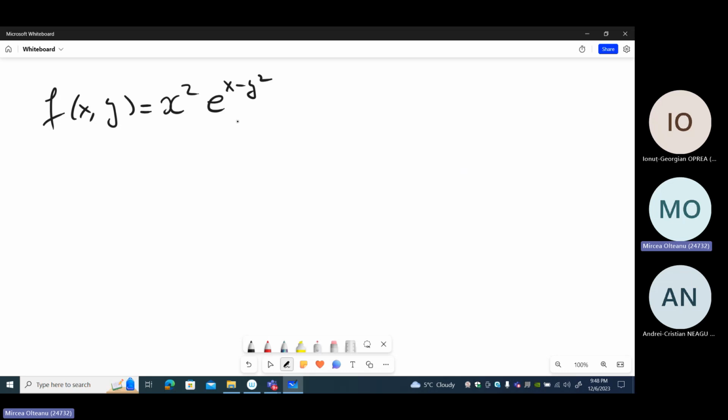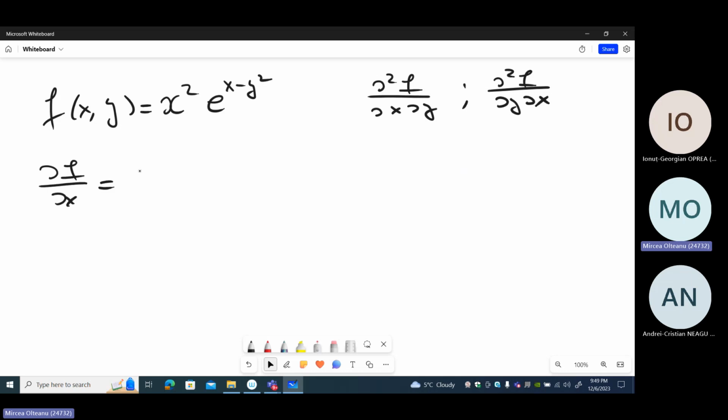Okay, so we need to compute the second order mixed partial derivatives, these two, not all the second order partial derivatives. We don't need to do that and compare them and try to make a guess. Of course, first we need to compute the first order partial derivatives. We have a little bit to work here, but it's worth it.